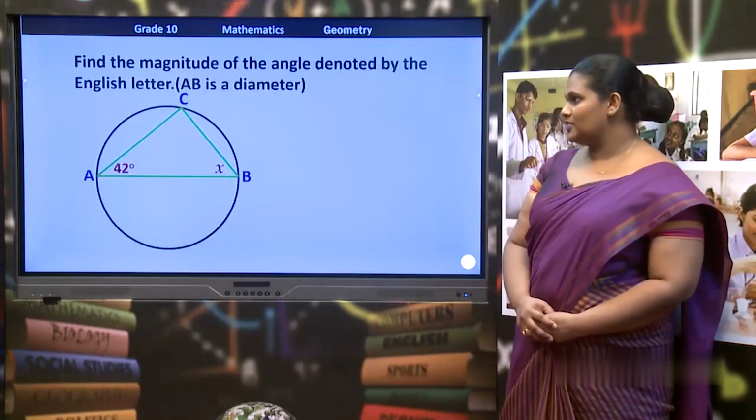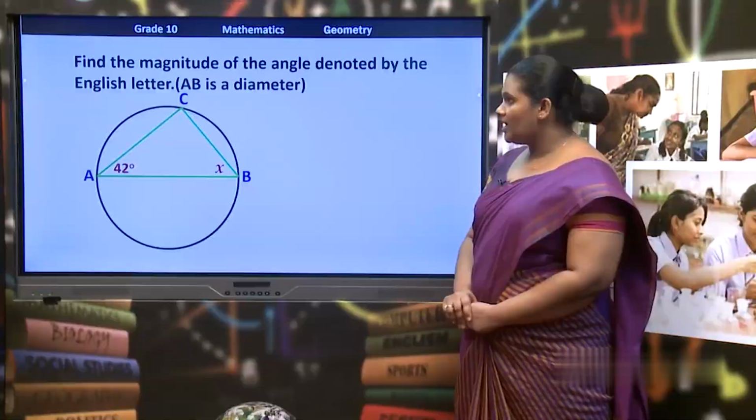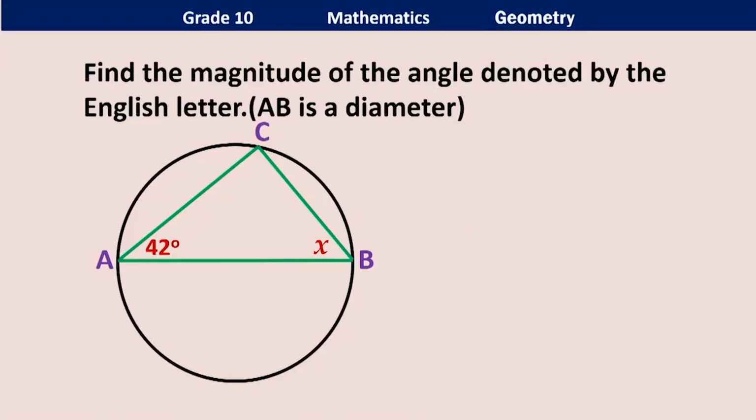Right. My first question. Find the magnitude of the angle denoted by the English letter. They have said that AB is a diameter. We can see 3 points on the circle, A, B and C. The angle ABC is denoted as x and angle CAB is equal to 42 degrees.